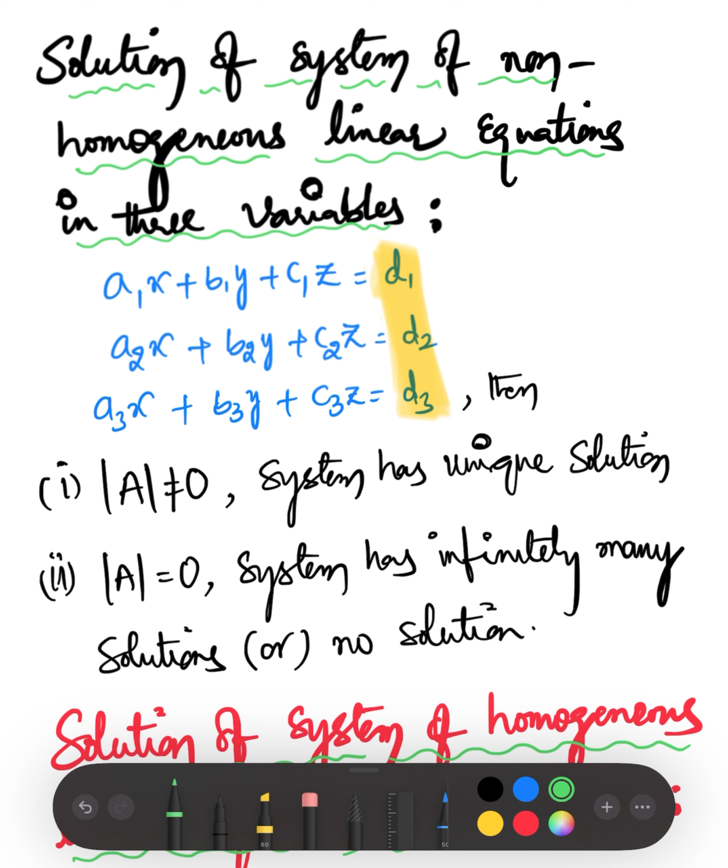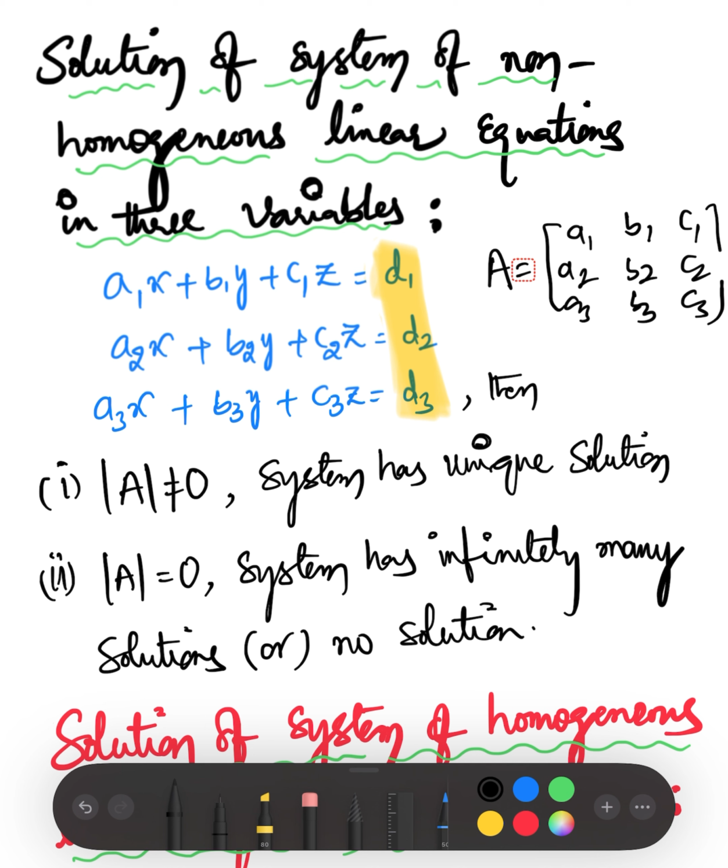Now what about det A here? Suppose A is the matrix a1, b1, c1, a2, b2, c2 and a3, b3, c3. This is the matrix which is nothing but A. And now you can observe what det A is. So if det A not equal to 0, then only the system has a unique solution.